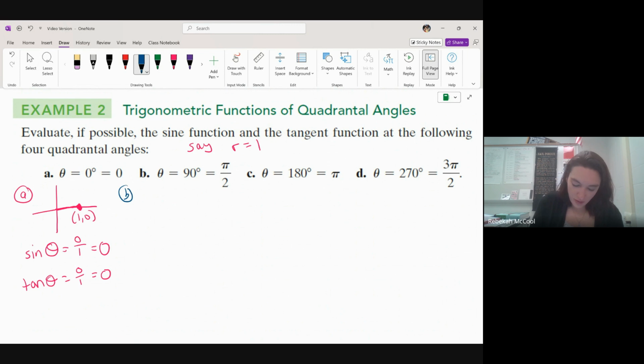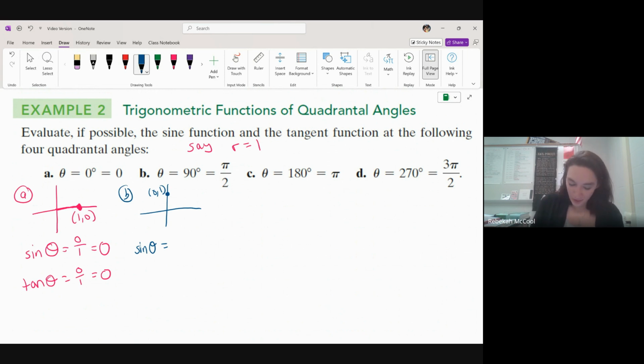With b, our 90 degrees, or pi over 2, same idea. If my side lengths don't matter, I may as well put it up here at 0, 1. And my sine is my y coordinate. Didn't move horizontally, it moved vertically. 0, 1.